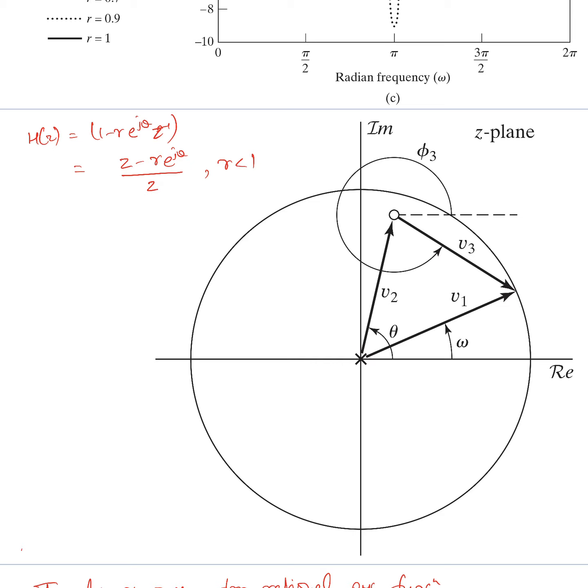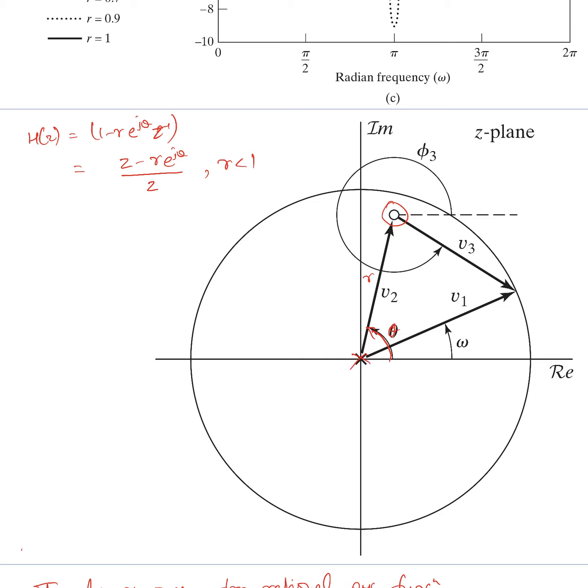Okay, so here you see clearly that there is a zero, which has a vector of length r from the origin, rotated anti-clockwise by theta, while there is a pole at z equal to 0.